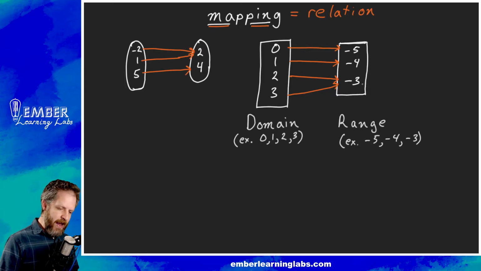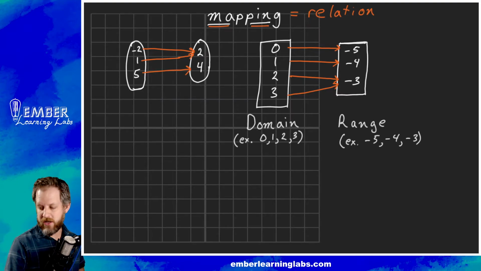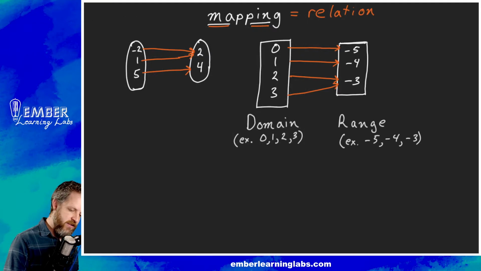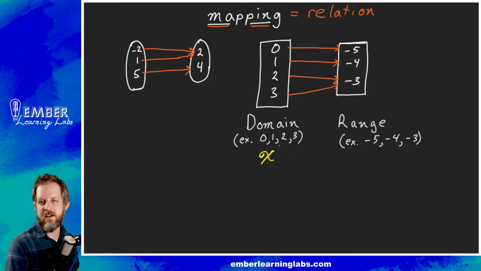Now, on our grid, the domain relates to the x coordinates. So this would be a list of all of the x's. The range is associated with the y coordinate.